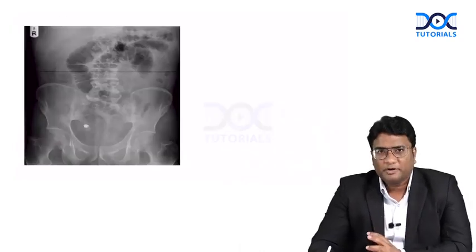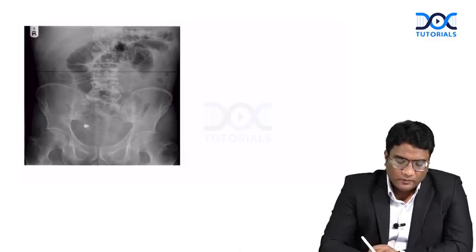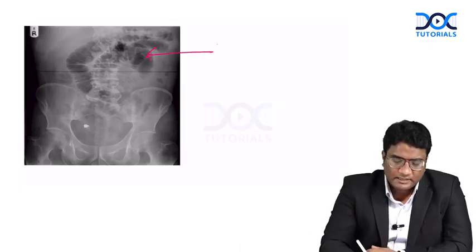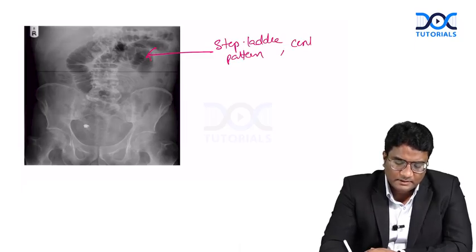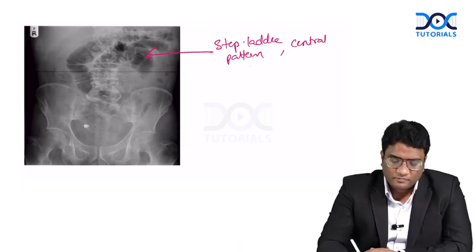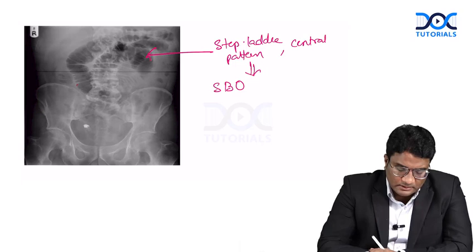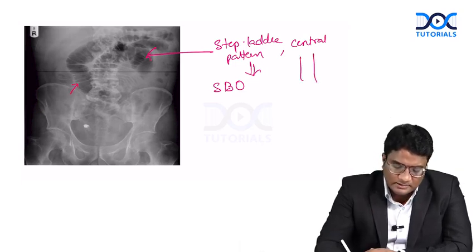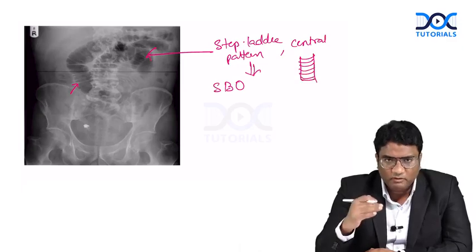Let us look at some important abdominal radiographs. When you see bowel loops which are distended one above the other, giving a step ladder pattern, and these are central bowel loops, in the center, think of small bowel obstruction. And if you look at the bowel loops carefully, you are able to see circular mucosal folds running through and through the bowel wall.